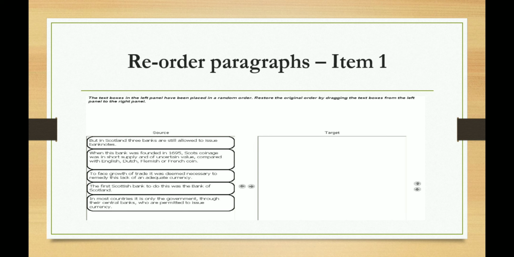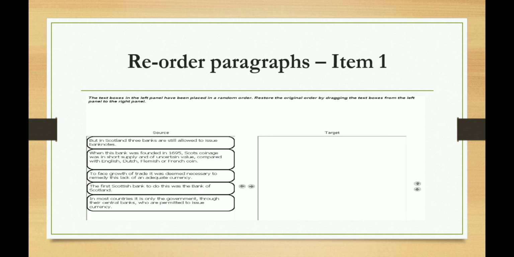If you follow this very simple technique, although I'll share in the description of this video another video on how you should prepare yourself for this question type with detailed tricks and tips, so you can go through that as well. But here I'm just straightforwardly telling you this simple thing you have to keep in mind.